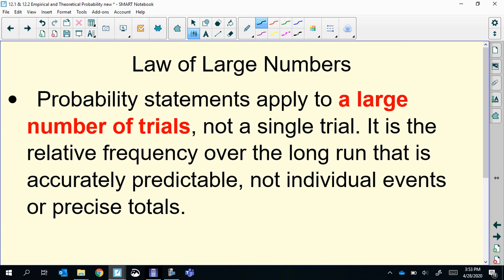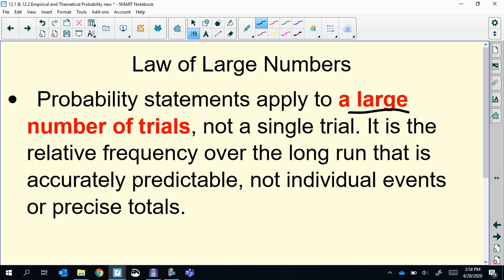Probability statements apply to a large number of trials, not just once, or not even just a couple. The larger, the better. It's the relative frequency over a long run that is accurately predictable, not individual events. So, for example, you might know that the probability of flipping a coin and it landing on heads is 1 out of 2 or 0.5, but that doesn't mean that if you flipped it 9 times and had 5 heads, 4 tails, the next one is guaranteed to be a tails.